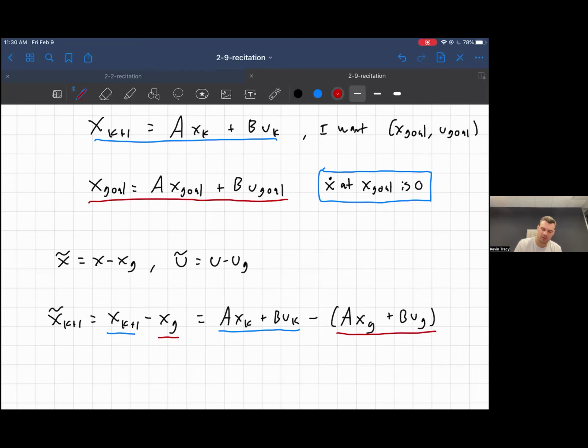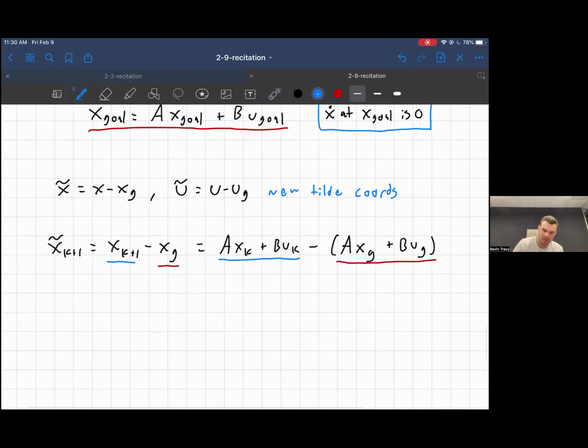So we're all in agreement thus far. I said that, here's our normal dynamics function. I want to drive to some goal where the state does not change. It stays at the goal once I get there. I define what these tildes are. These are just new tilde coordinates. And then I just said, okay, let's take the definition of our tilde at xk plus 1. Let's substitute in our dynamics for here, and then substitute in our goal for here.